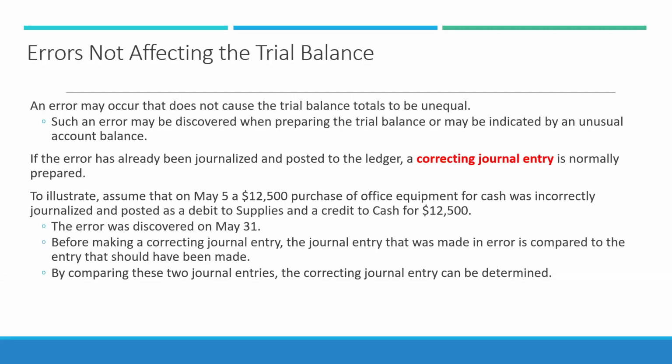Meaning, purchase supplies on account. What if I say supplies 2,000, cash 2,000? I screwed up that particular transaction, but it's not going to show up on the trial balance because it's going to balance. It's just that I didn't say accounts payable. I took cash. Am I making sense?